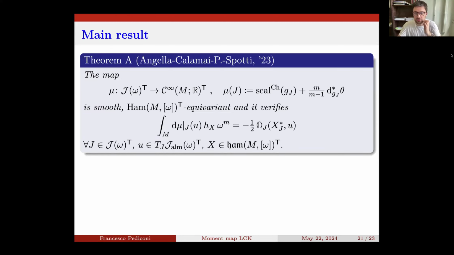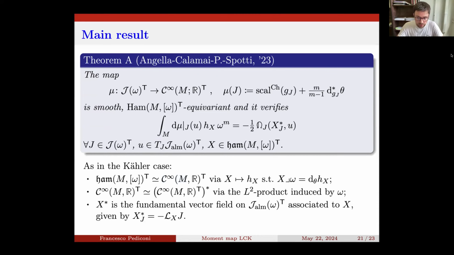Okay, this is very similar to what happens in the Kähler case. So let me say that, as in the Kähler case, here you need some identifications, and in particular, you are identifying the space of T-invariant twisted Hamiltonian vector fields with the smooth functions by identifying X with its potential. And we are also identifying the space of smooth functions with its dual by taking the L2 product.